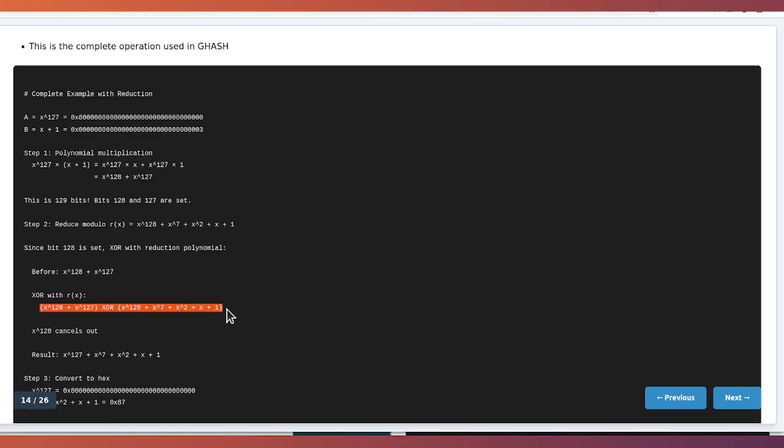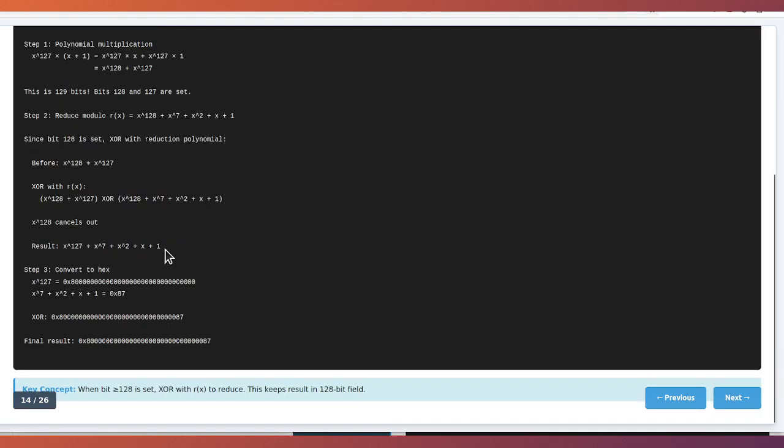But we also still have x to the 127th from our original result. So the complete reduced result is x to the 127th plus x to the 7th plus x squared plus x plus 1. In hexadecimal, this is 0x80...87.